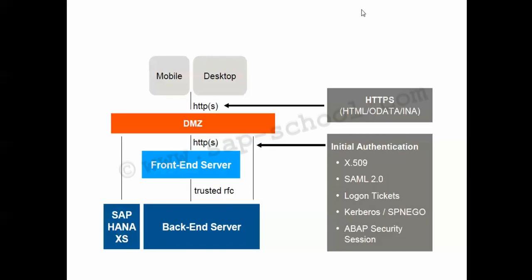That is the top layer, wherein we have the mobile and the desktop. This is the external environment from where my application is accessed. After that we have the second layer, which is the DMZ layer. After the DMZ we have the server zone, in which we have our front-end server as well as our back-end server.